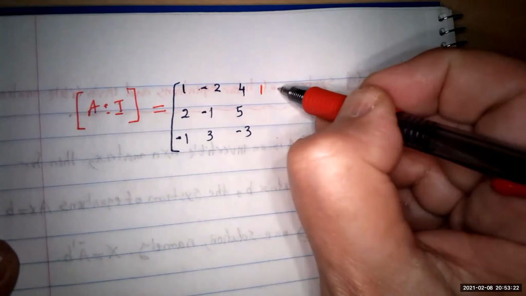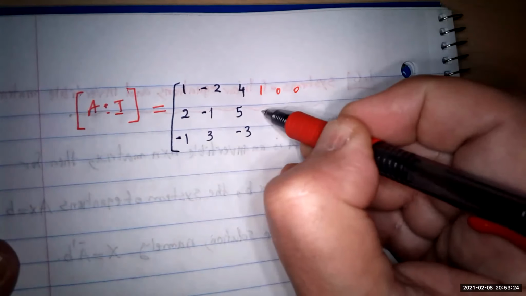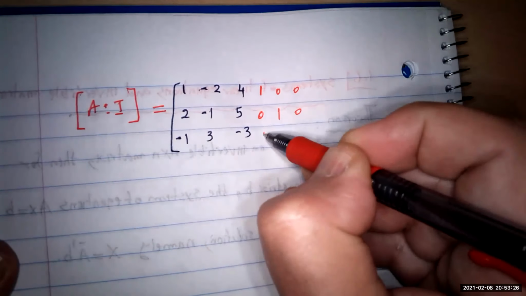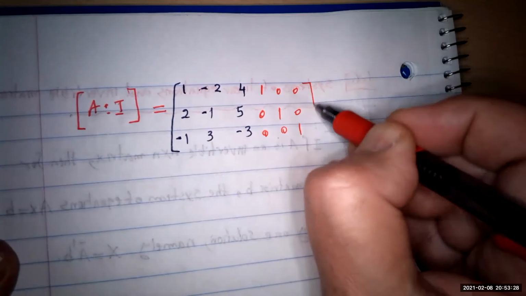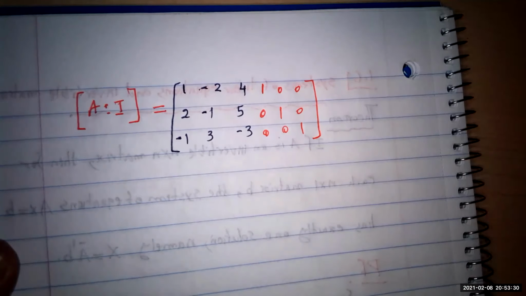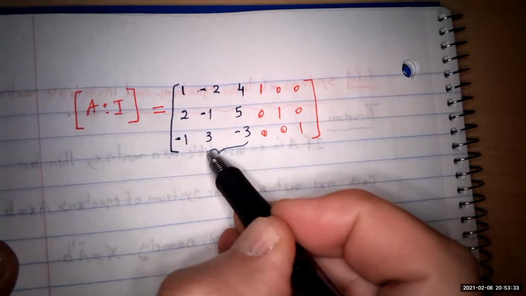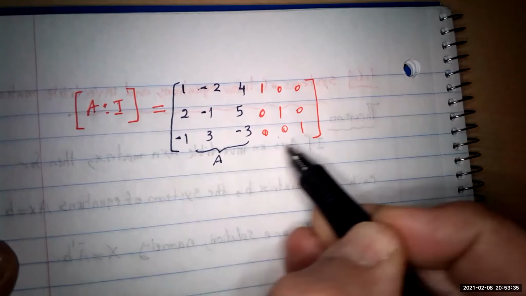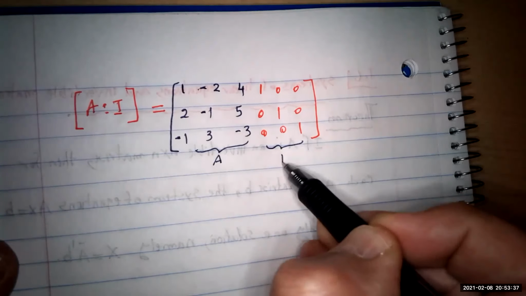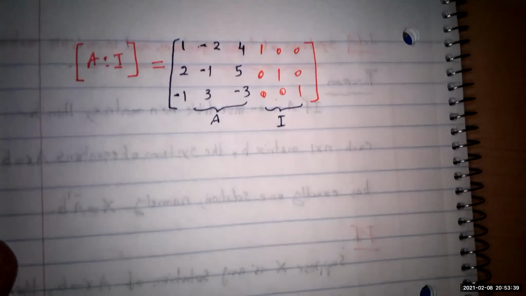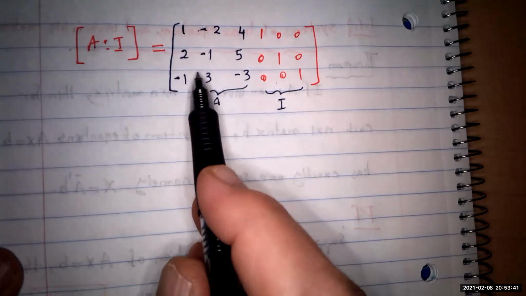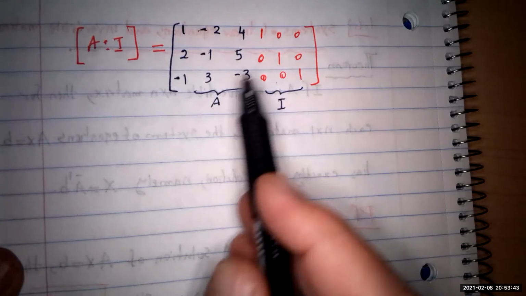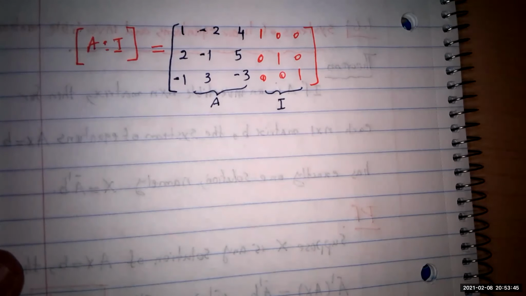Now we continue by bringing the identity matrix here. So you have to work on it. This is A, and this is I. You have to work on this to change it into the identity, and the other part is going to be your A inverse.